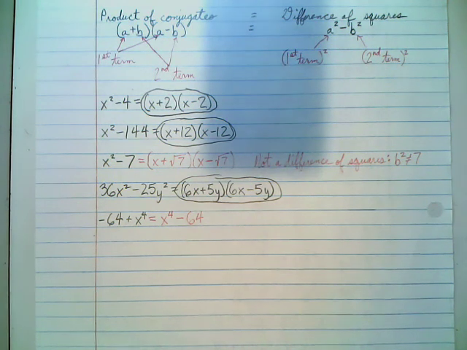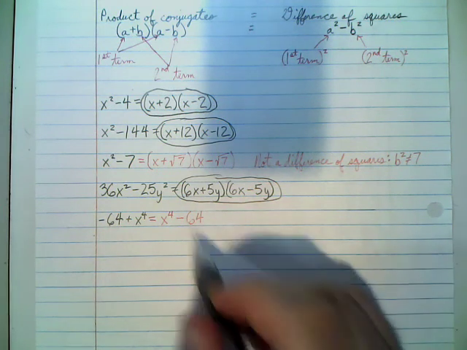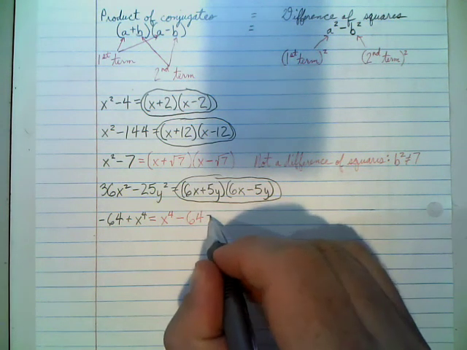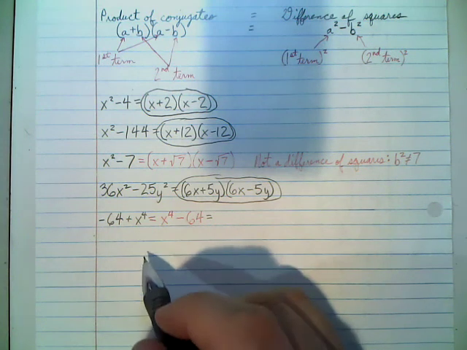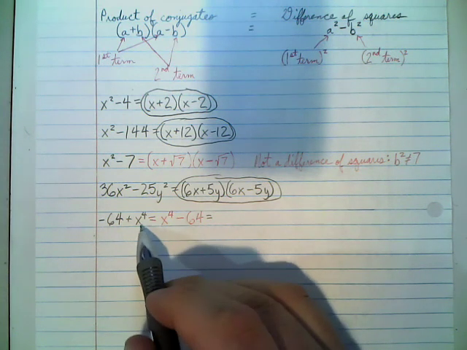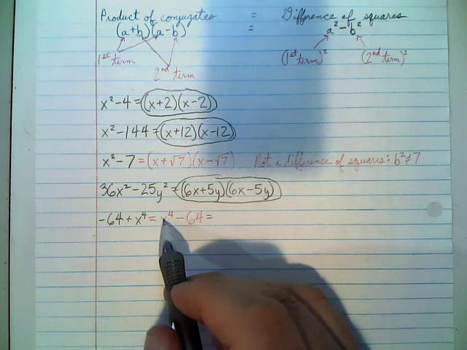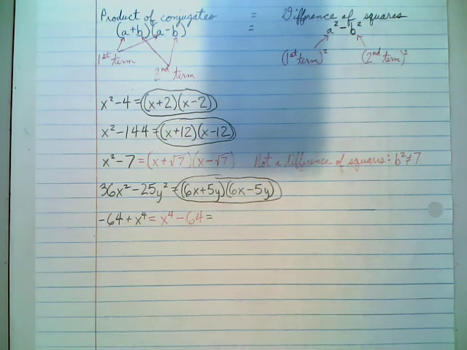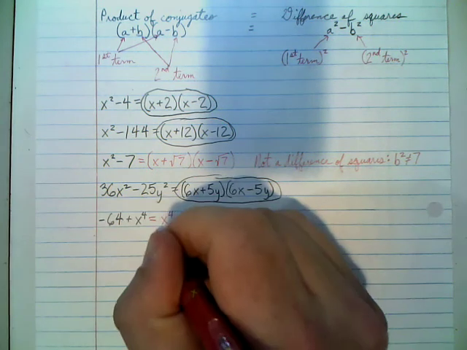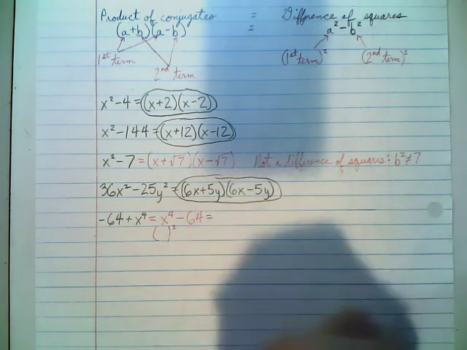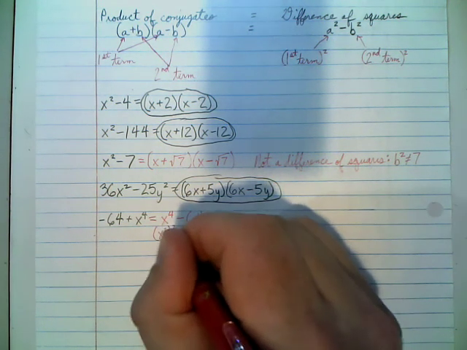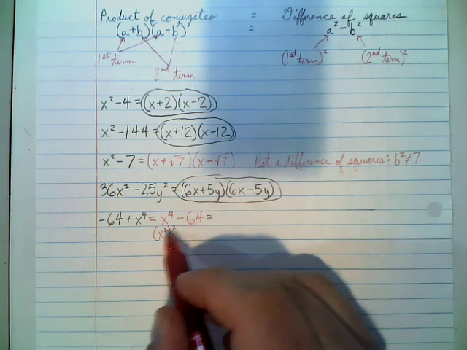So now this one, though, throws an extra little trick at you. So if we consider this, is this the square of something? That's what we got to ask ourselves. Is this the square of something? Well, what would you have to square to get x to the fourth power? Well, it turns out that if you square x squared, remember, a power to a power, we multiply these exponents.